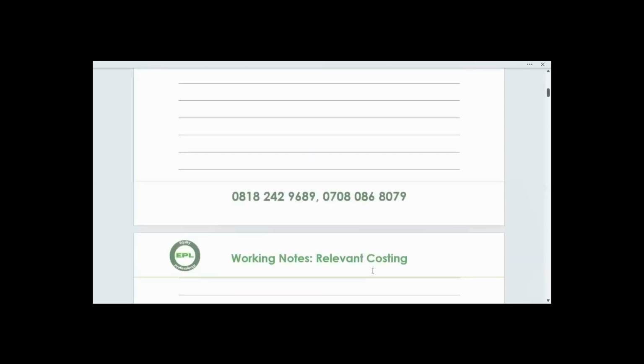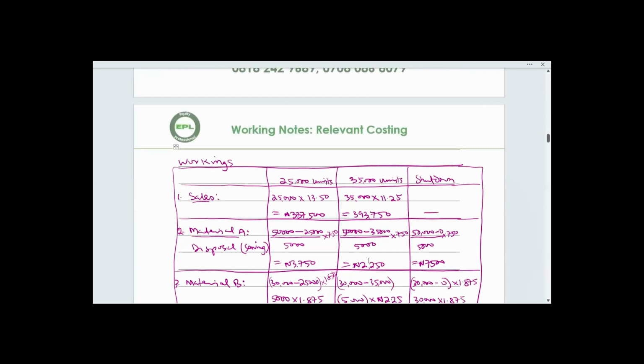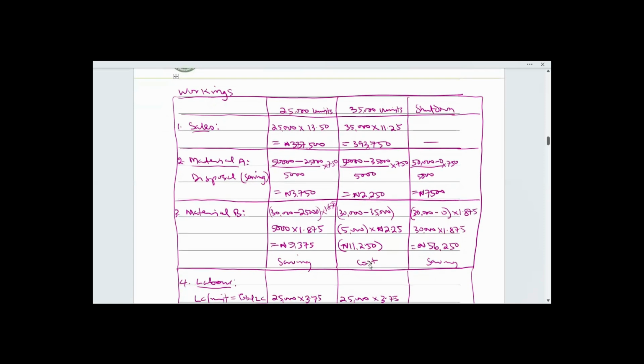Next item, let's go and pick another savings or cash inflows. Material B. Under material B, we have saving for option 1. We also have saving for option 3. For option 2, it's a cost because we are buying additional material B. We are buying additional 5,000 liters. So here is 9,375, then 56,250.